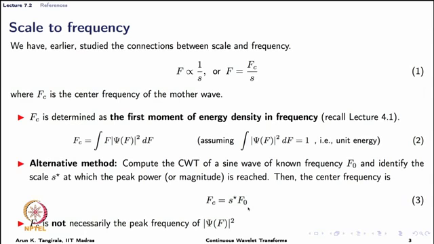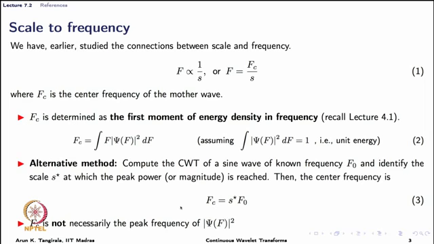F naught is the frequency of the sine wave that you have taken, S star is the scale at which the CWT or the wavelet power has reached a maximum. So, that is an alternative method which makes a lot of sense. In fact, this method can even be pursued theoretically, and I will give you a reference to a paper where a theoretical determination of Fc using this method is carried out.